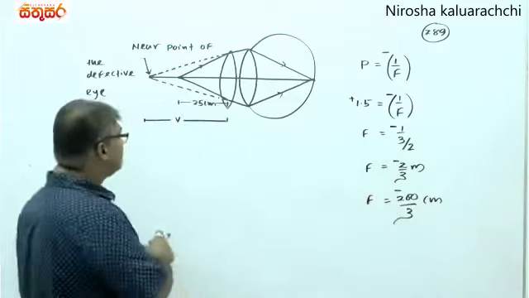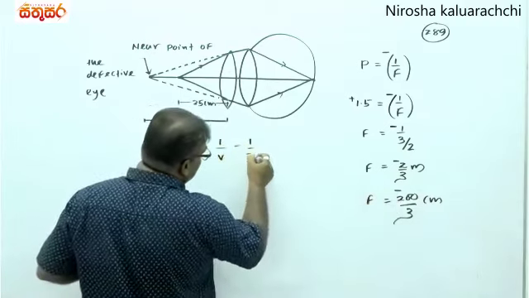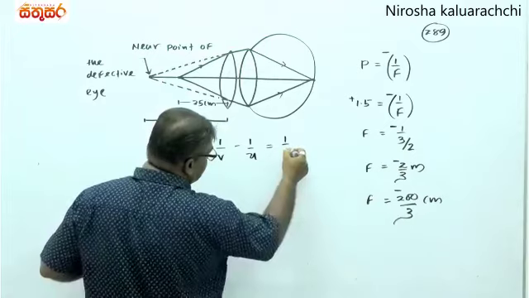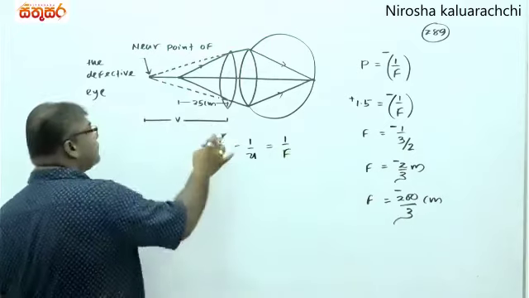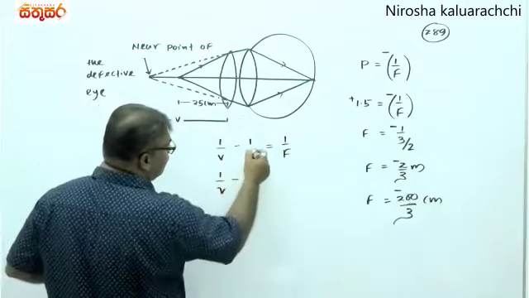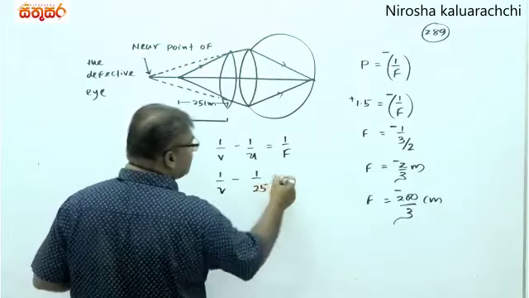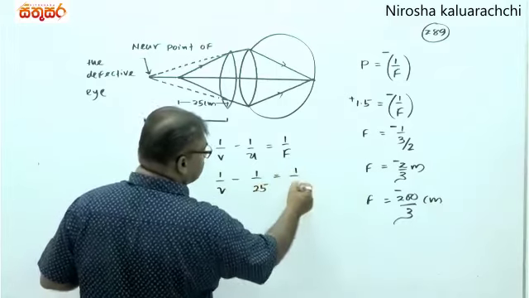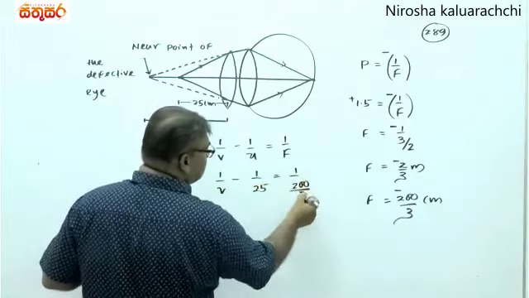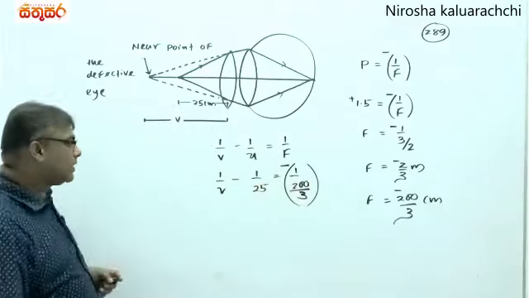It could be convex lens, right? Then lens formula, 1 over V minus 1 over U equals 1 over F. 1 over V, image distance to be found. 1 over U, it's 25 centimeter. This one, 1 over 200 over 3, sign convention minus as convex lens.